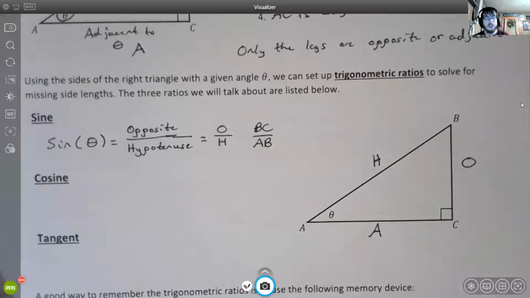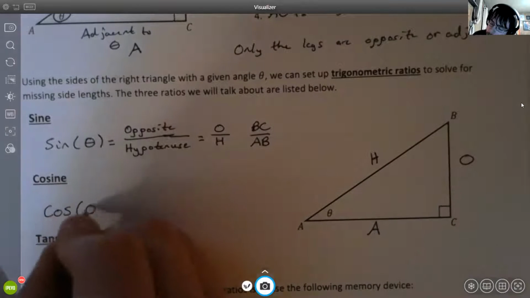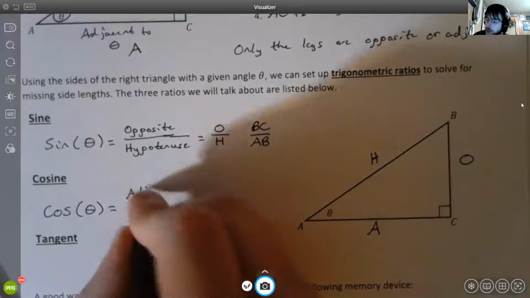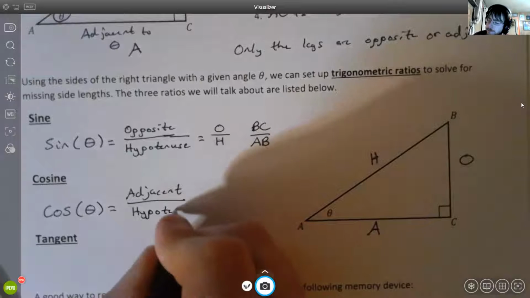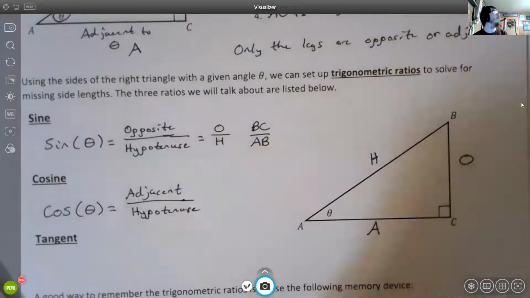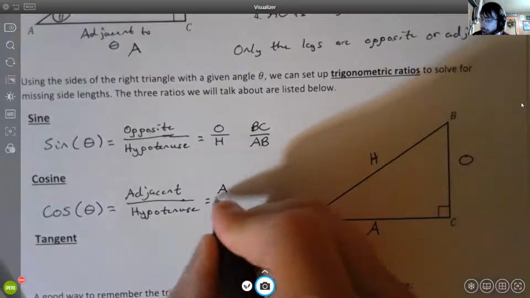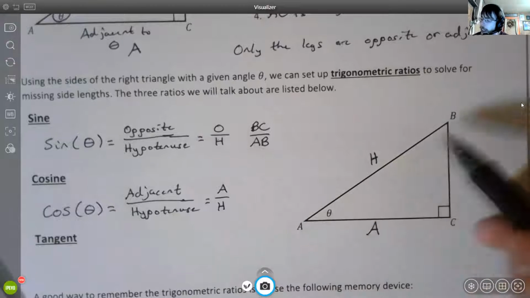All right. Next up is cosine. Cosine, we write COS, parentheses theta, and cosine is adjacent over hypotenuse. So adjacent over hypotenuse, which would be A over H. So our side lengths would be AC over AB.